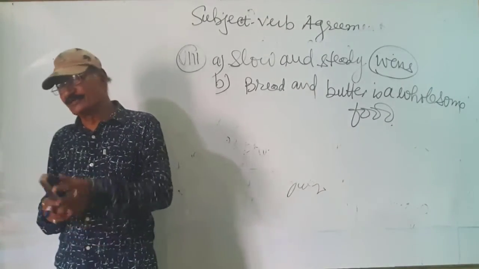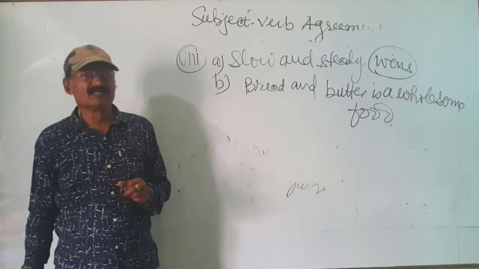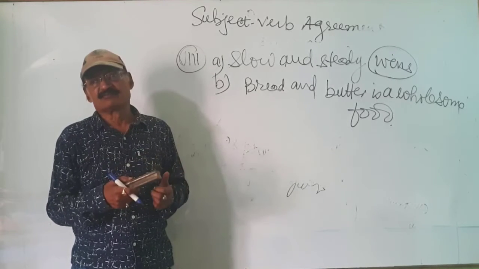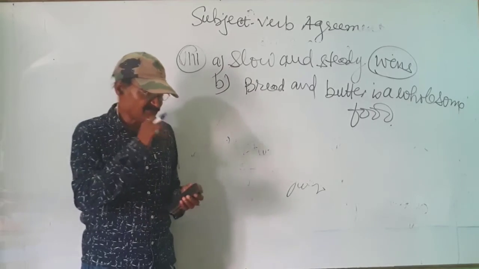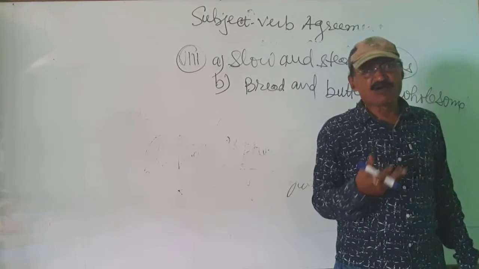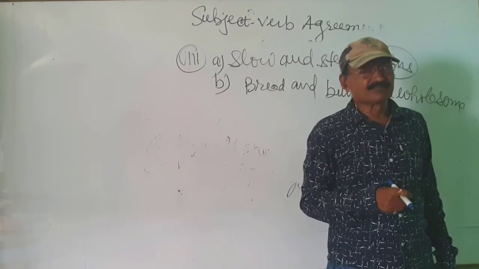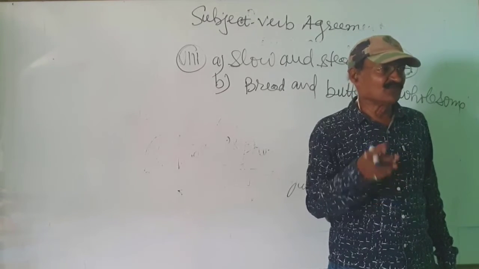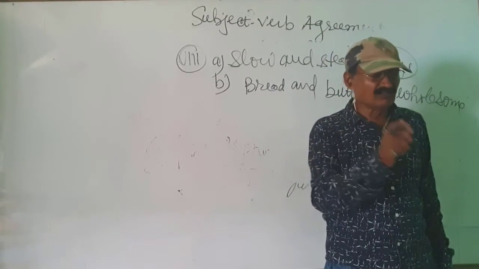Bread and butter, there are two things in the sentence, still a singular verb is used here, because bread and butter is considered to be one wholesome food. Both together give the same singular meaning. Without bread, you cannot identify it separately. That's why it is like a phrase, and it is used singularly.